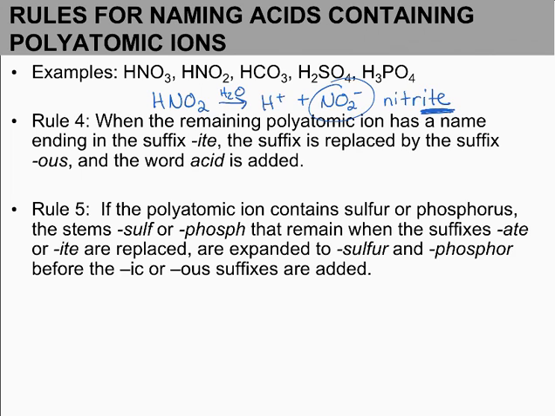So when the remaining polyatomic ion has a name ending in the suffix ITE, that suffix is replaced by the suffix OUS, or us, and then the word acid is added. So HNO2, its name would be nitrous acid. So we replace the ITE with ous acid.